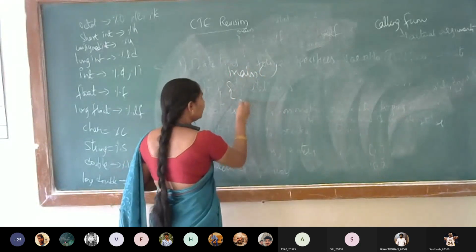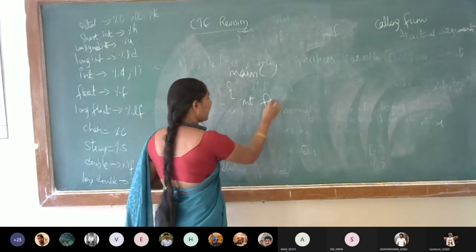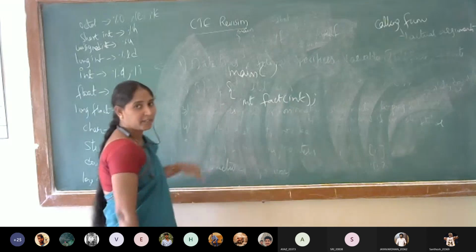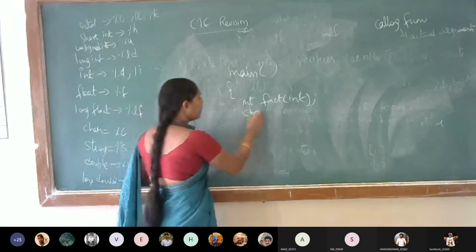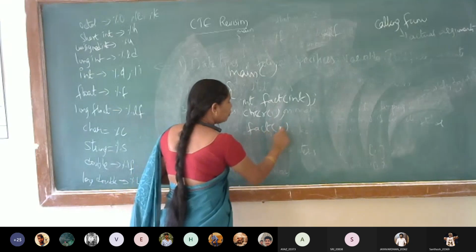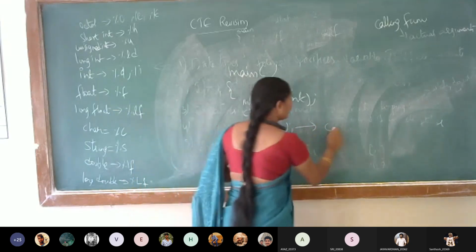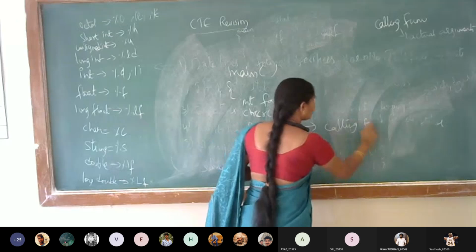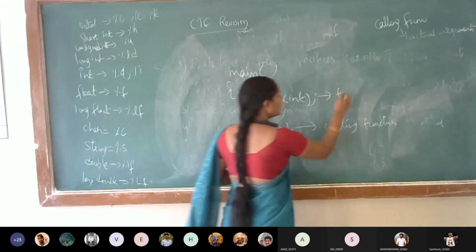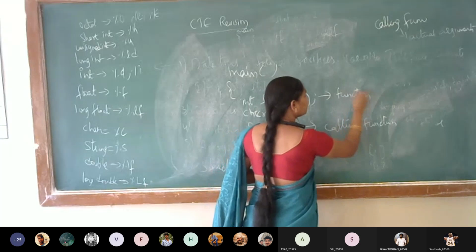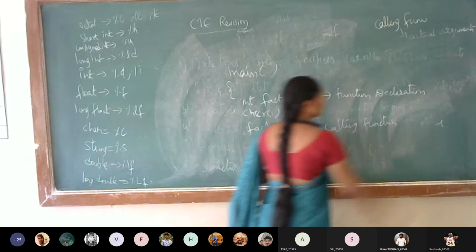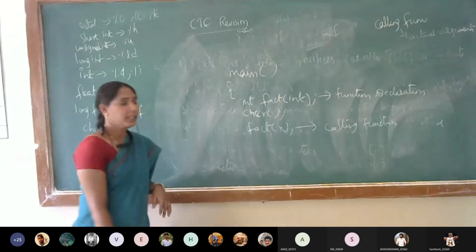In the main function there are two parts. So I'll be calling one particular function, factorial. First I'll be declaring the function. Then after that, in the executable part, I'll be calling this particular function. So this function is said to be a calling function, and this statement is said to be the function declaration.